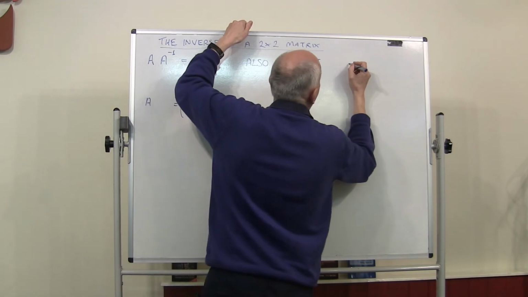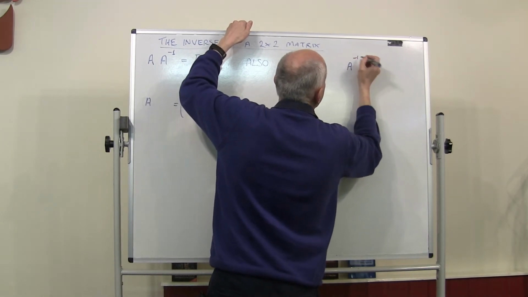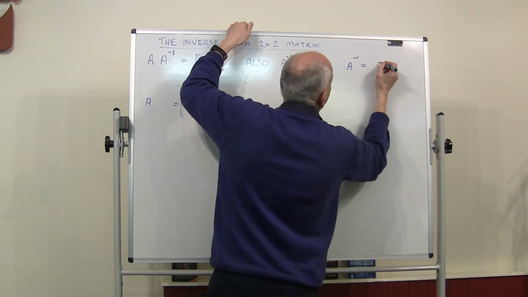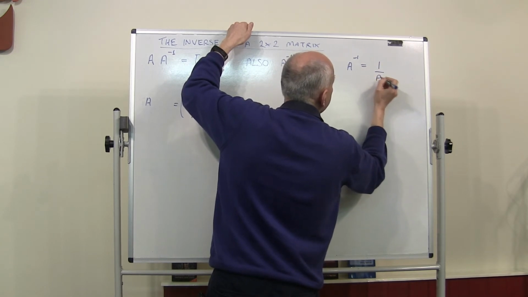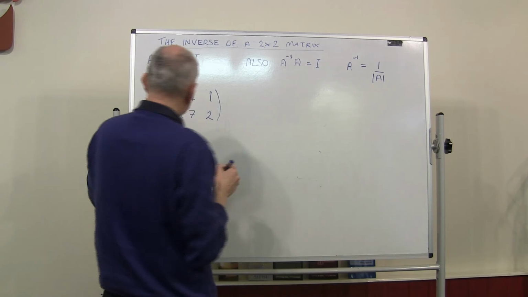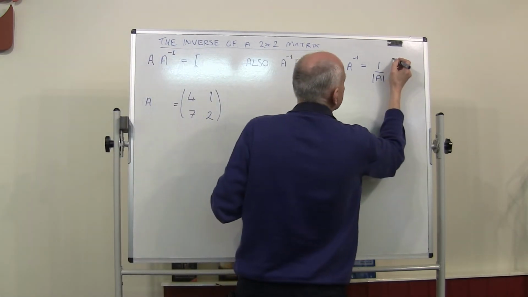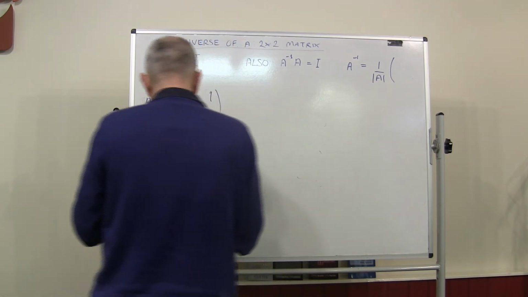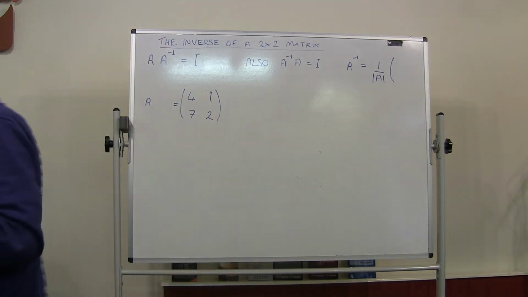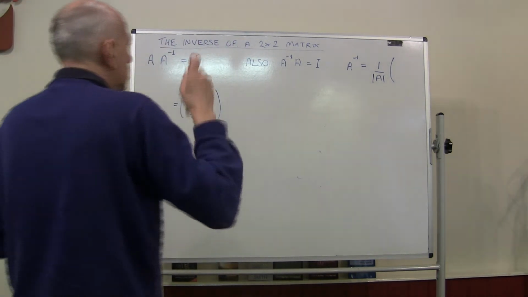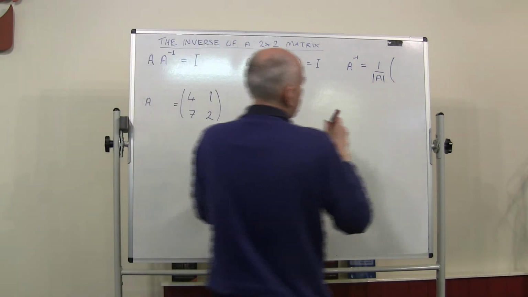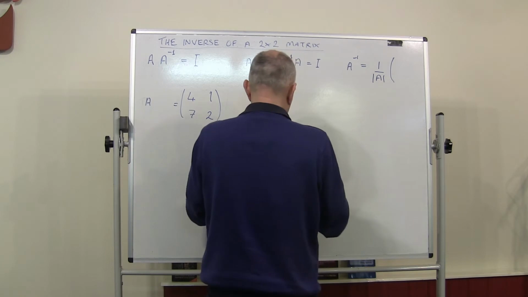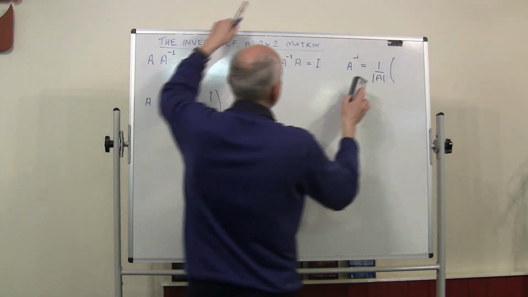So the inverse of A is equal to 1 over the determinant of A, times... in fact let me write this out another way. Let me write out a better formula. Yeah, let me just redo that, start again there.